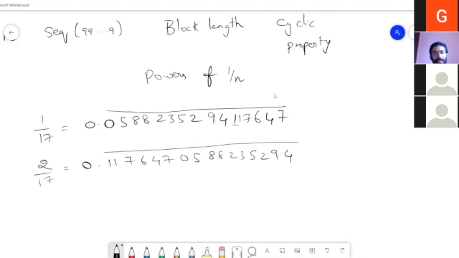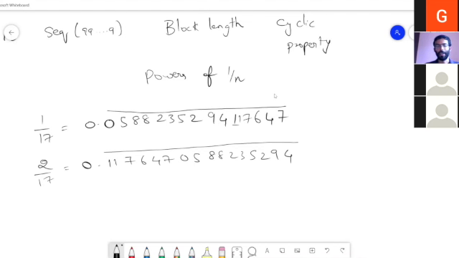No, it is cyclic, but not starting at the very next digit after 6 or 10. Correct. From the 11th digit, it is starting. But still, these numbers are also called cyclic numbers only. Yeah, cyclic, but the order is a little bit different, I think.